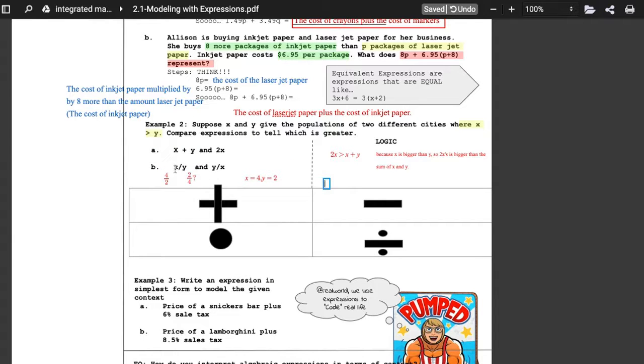So that means that x over y is going to be bigger. And again, I just got the 4 and the 2 out of my head. Just a random number that I could check. I knew 4 was bigger than 2. And so that would satisfy x being bigger than y.